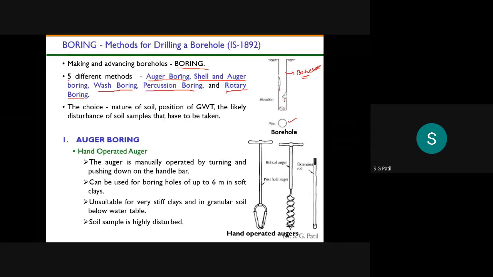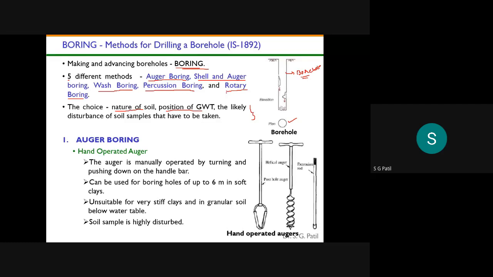So why are there different boring systems? Because it depends on the nature of the soil, the position of the groundwater table, and also the likely disturbance of the soil samples that have to be taken. Each boring system has its own advantages and disadvantages.